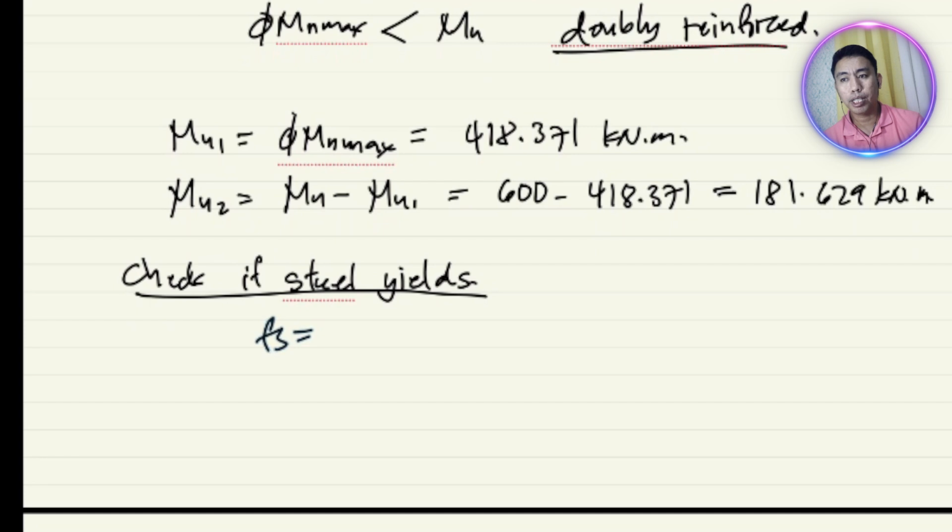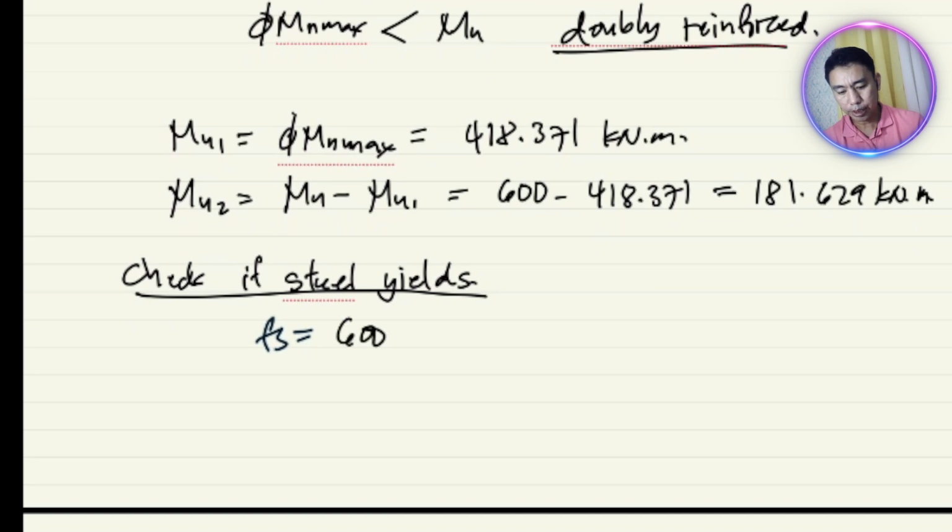Solve natin yung Fs. If it is greater than Fy, then still yields. But if less than Fy, still does not yield. Then we have another computation kung that greater than Fy. So let's start with the tension steel.